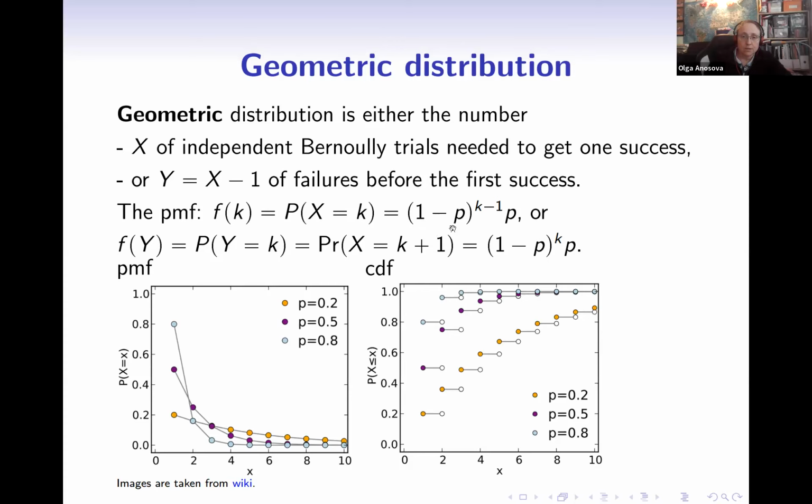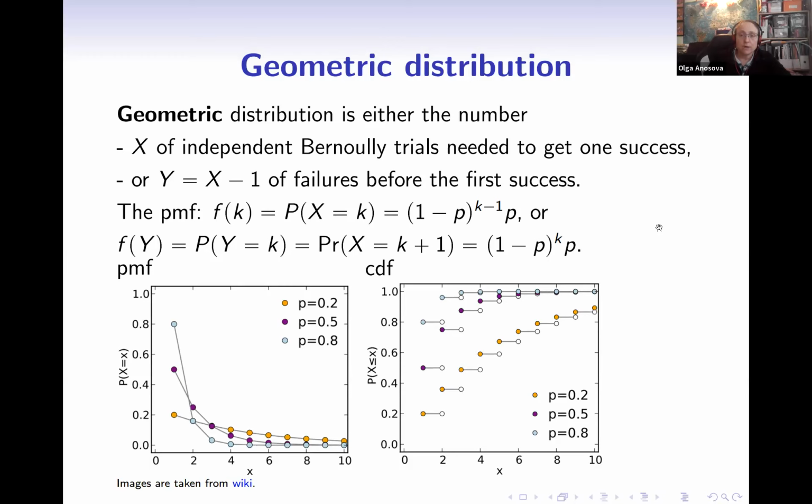And as we can think about it, the mass function will be equal to (1 minus p), all non-successes, to the power of k minus 1, if we are getting the success on the k-th step, multiplied by the final success probability of p. And here again, it's the probability mass function, and the cumulative distribution function looks like that. So if you're computing in exact numbers the number up to getting the first success, that's the distribution for you.